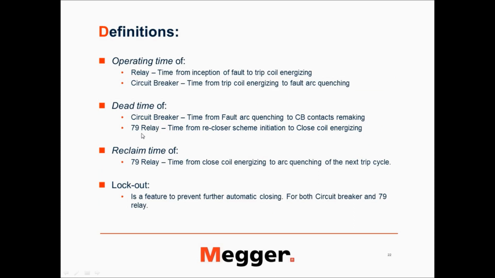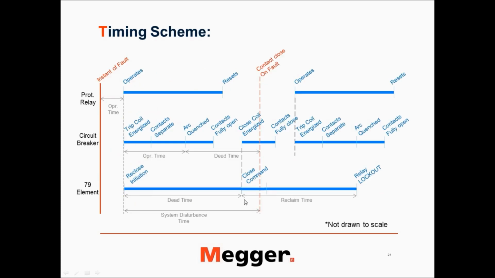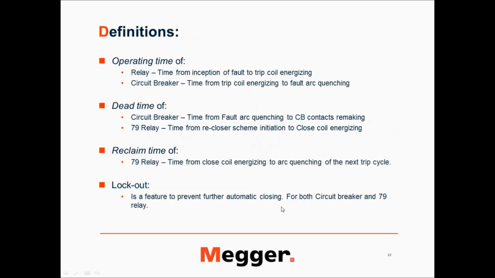The reclaim time of the 79 element is the time from close coil energizing to arc quenching on the next trip cycle. That is, from the close command issued by the 79 element to the complete lockout or the next cycle.